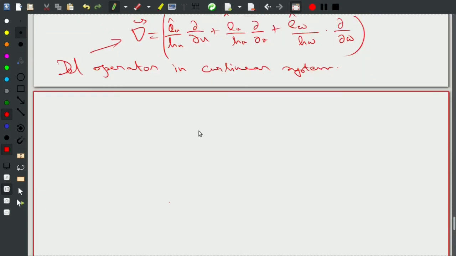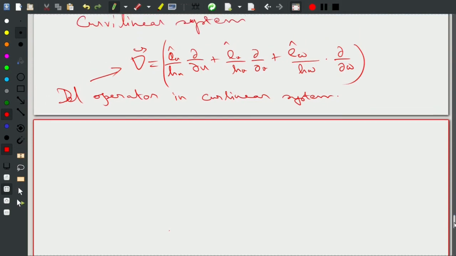Let's use this formula for del to find the divergence in spherical coordinates. So for spherical coordinates, what are the coordinate axes? r, theta and phi.